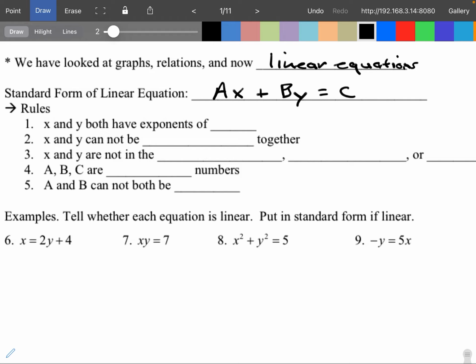All right, and then the standard form for a linear equation is capital A times x plus capital B times y equals capital C.